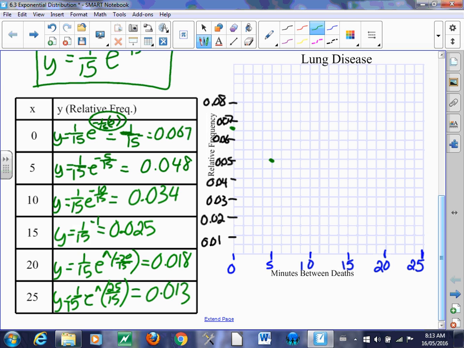For 10, we're at 0.034. 15, we're at 0.025. 20, 0.018. And 25, 0.013. So draw a nice smooth exponential curve.